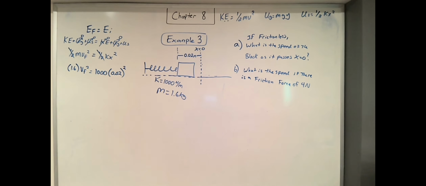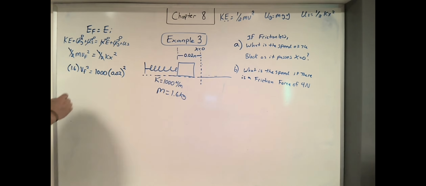And now all we have to do is just find out what that final velocity is. Pretty easy on this one. We're going to have 1,000 times that 0.02 squared. And then we'll divide over our 1.6 and then take a square root of our final answer.